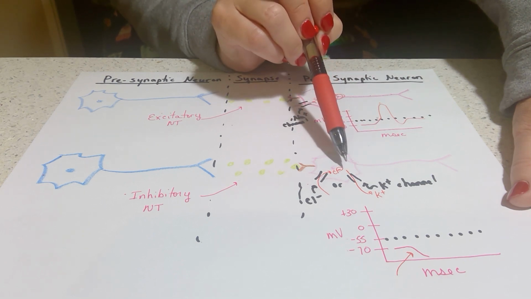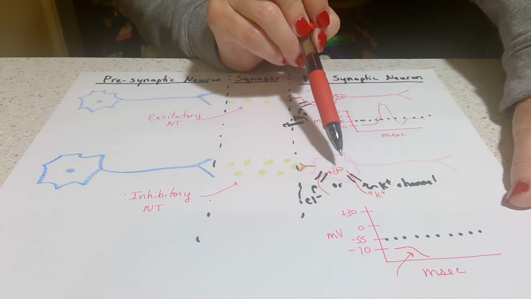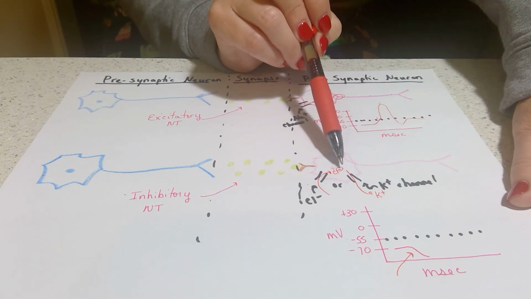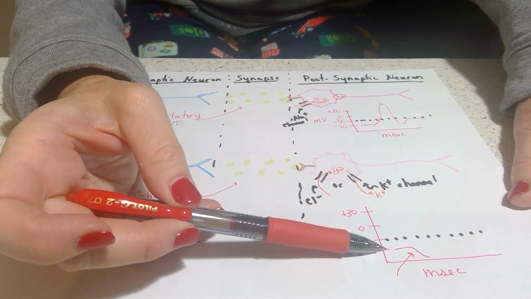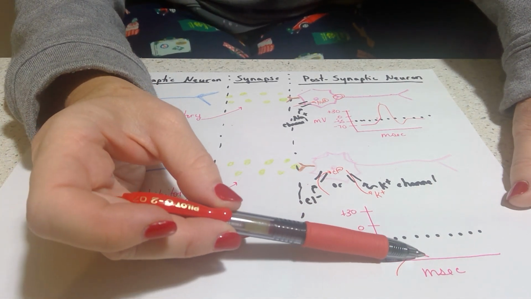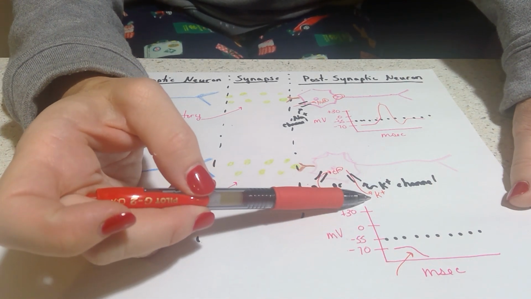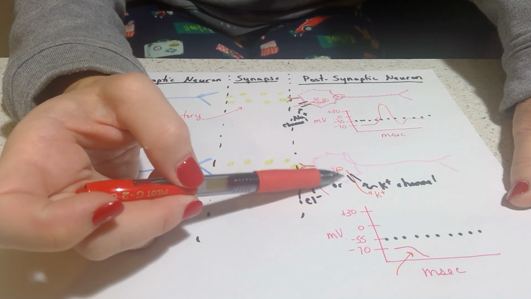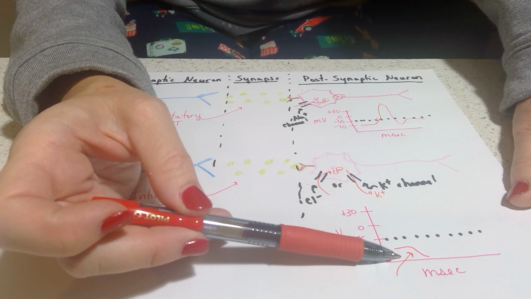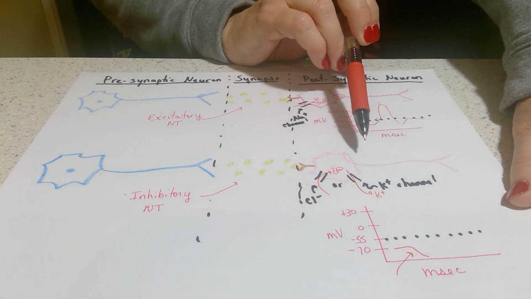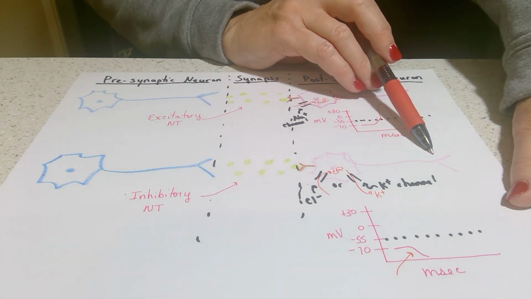When it does so, it's carrying positive charges with it. So it's removing positive charges from the inside of that cell, which is going to give us the same kind of response. It's going to make it more negative on the inside. So opening a potassium ion channel here at the cell body, again, it's going to create a hyperpolarization, which will inhibit or prevent the formation of an action potential.